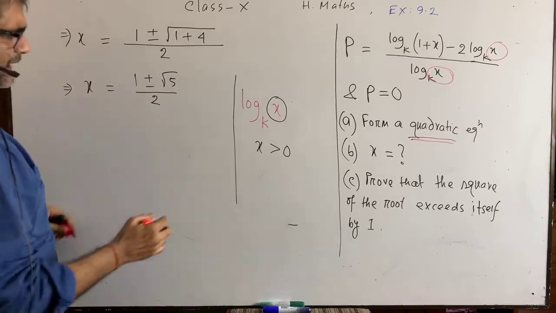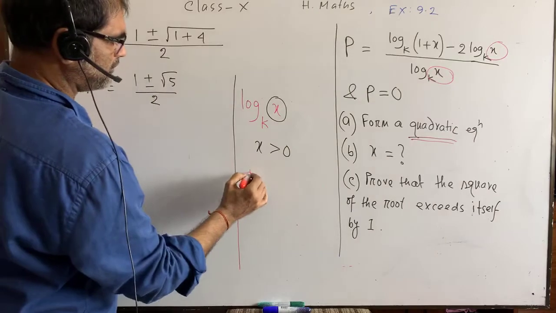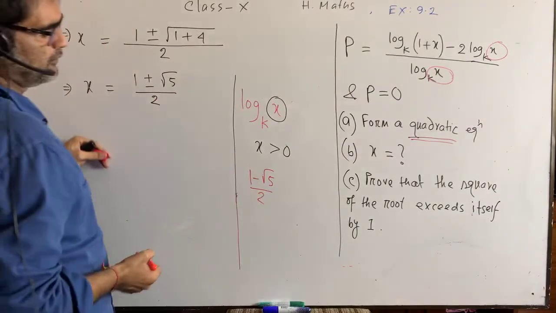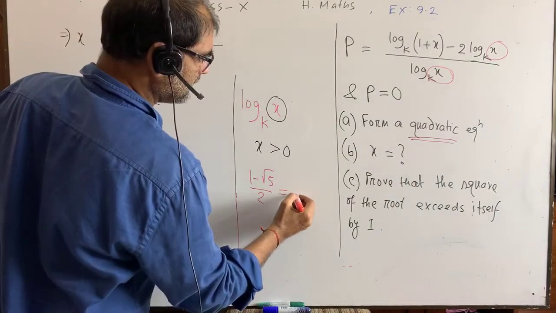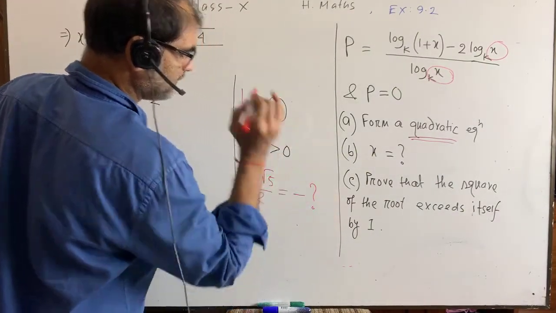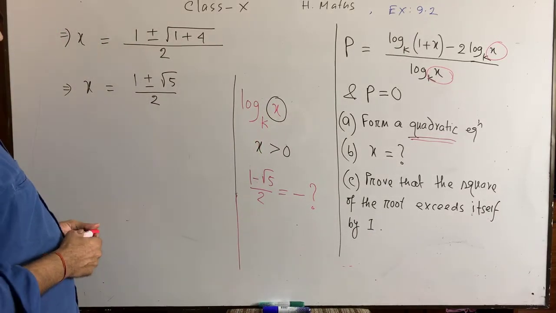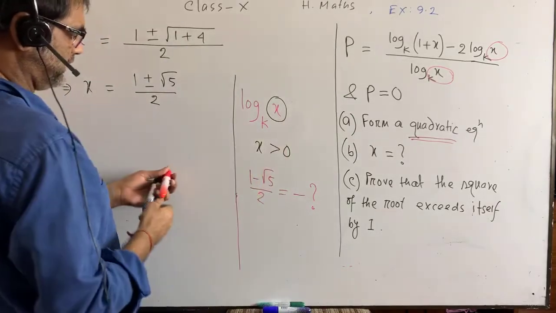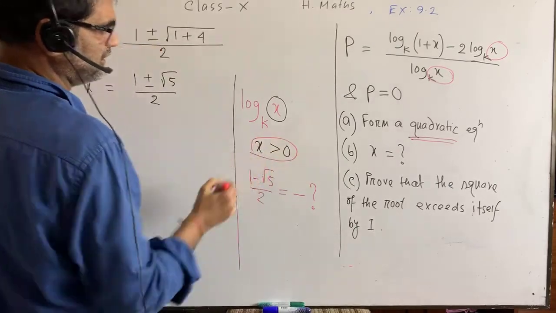But if we calculate this, suppose 1 minus root 5 by 2, we will get a negative value, right? So the value of x won't be negative. As I wrote here, the condition is that x is always greater than 0.